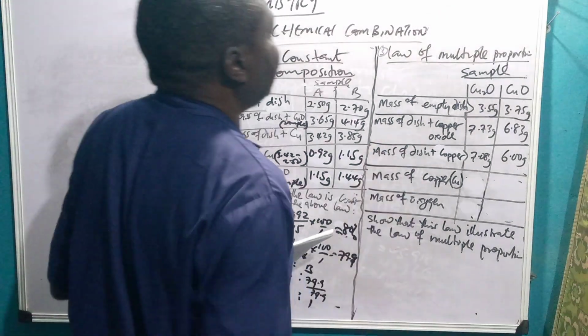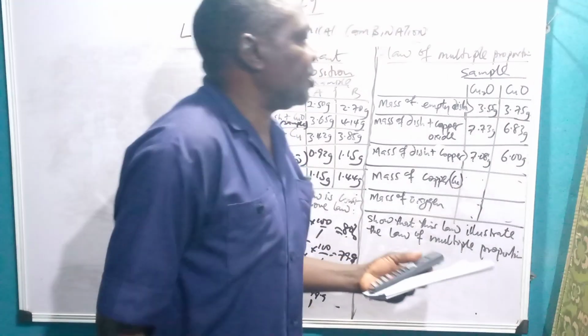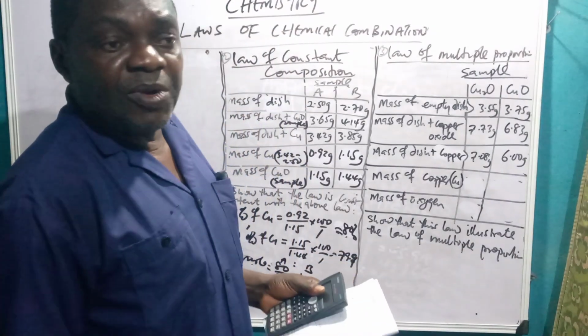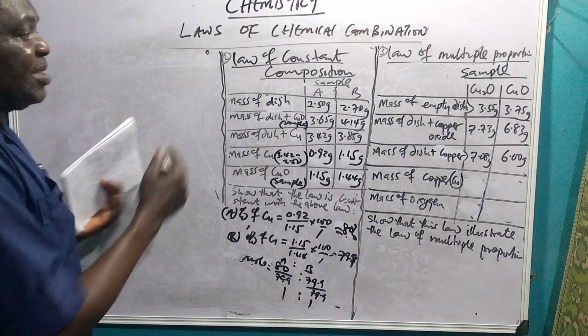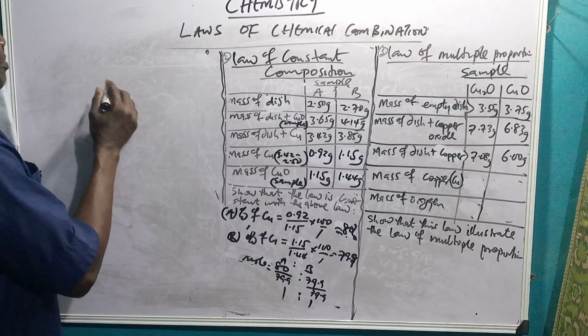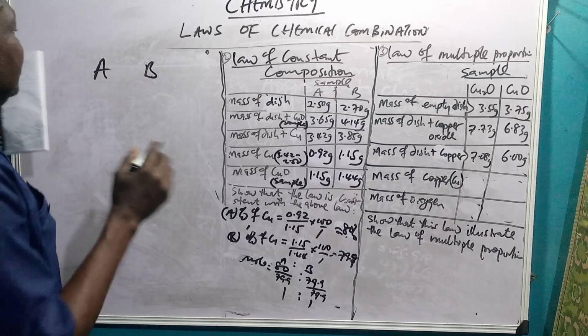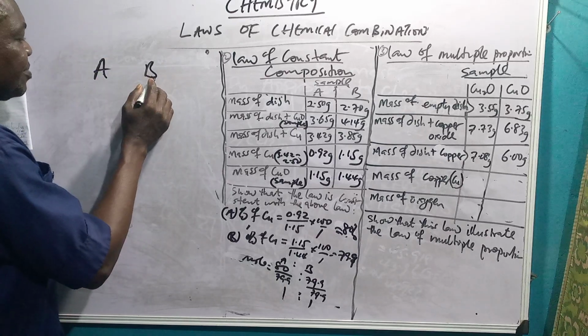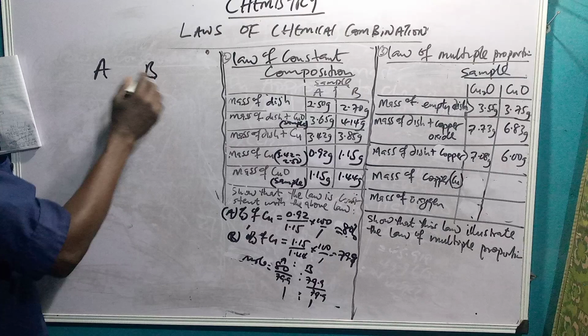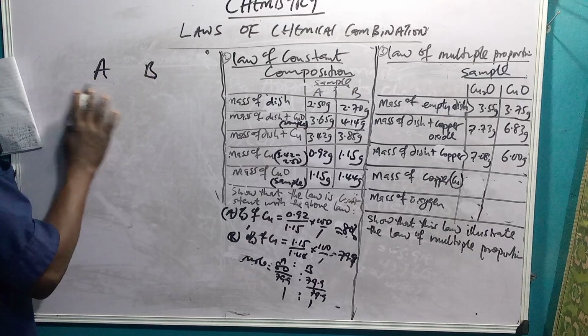Now let's go to the other one, the law of multiple proportions. The law of multiple proportions states that when two elements A and B combine to form more than one compound, the different masses of B which combine with a fixed mass of A are in a simple number ratio.